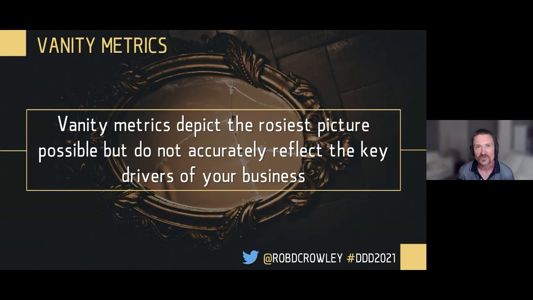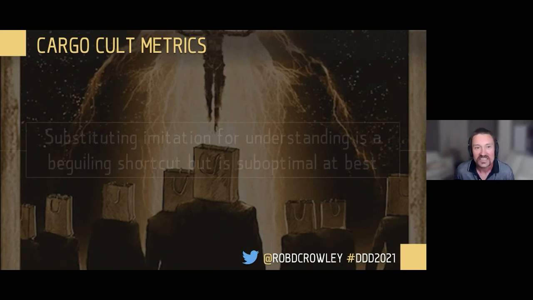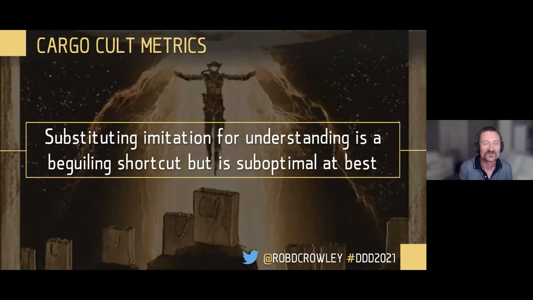There's also survivorship bias at play, where we use the same metrics as successful companies, but without really understanding whether they align to your own business drivers. So if they're successful, then if we adopt it, we'll be successful too. But this is applying imitation in place of understanding.